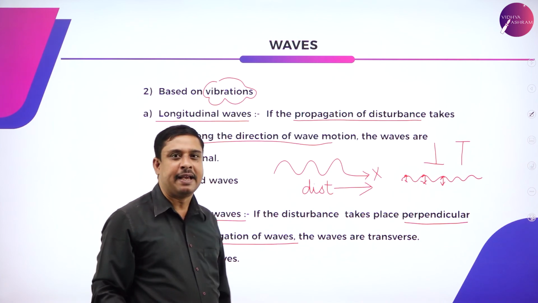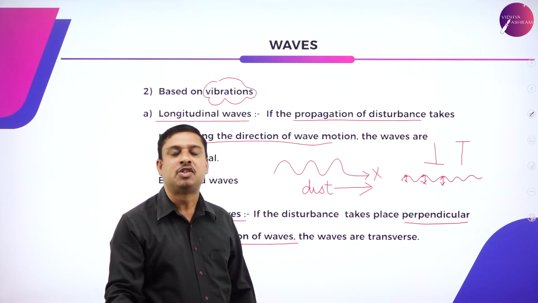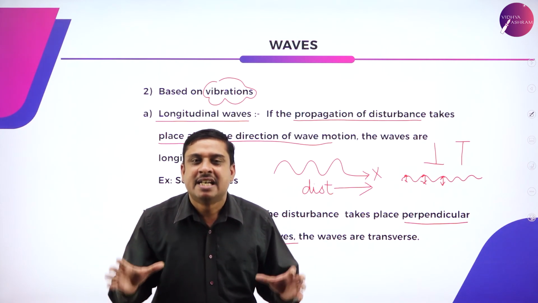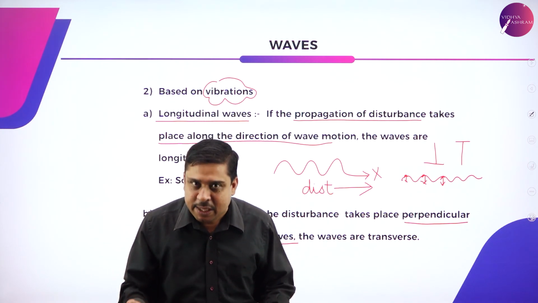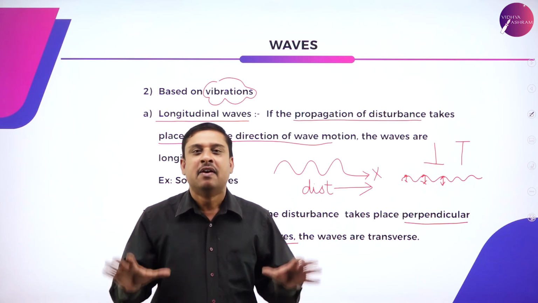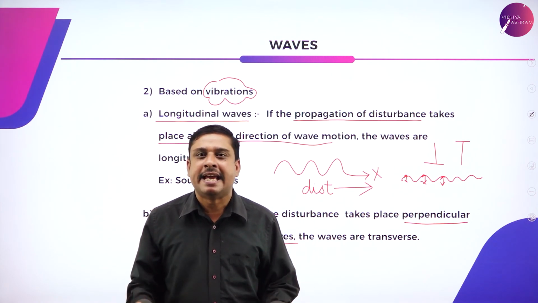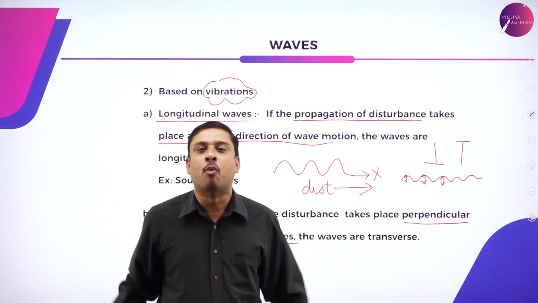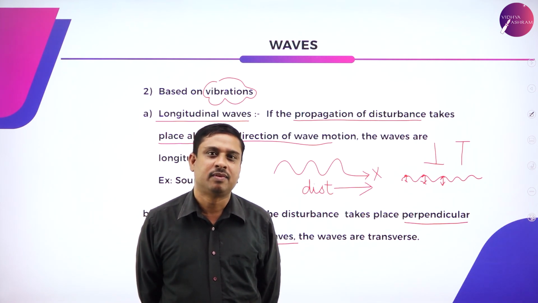Example, light waves. So students, in today's class, we have understood what is a wave, saying that it is a type of disturbance. Wave motion, saying that transference of disturbance from one region to another.